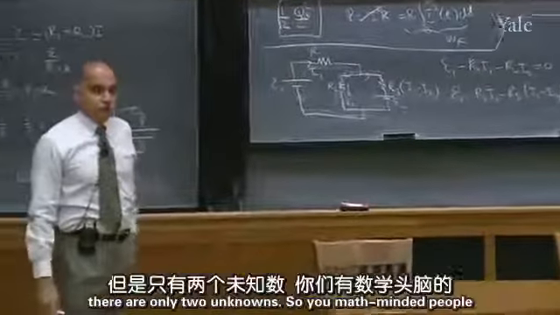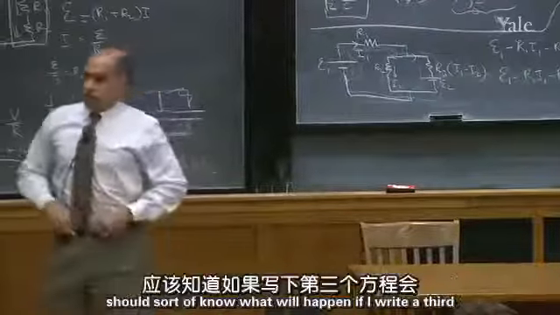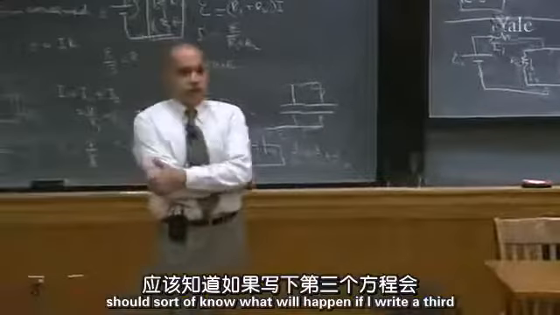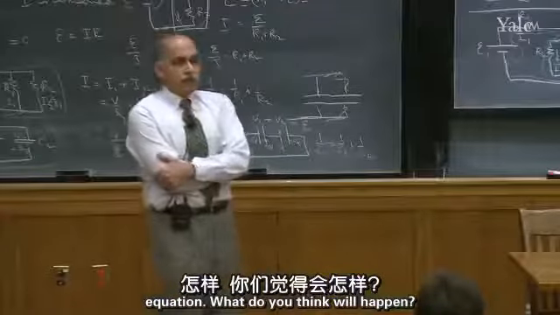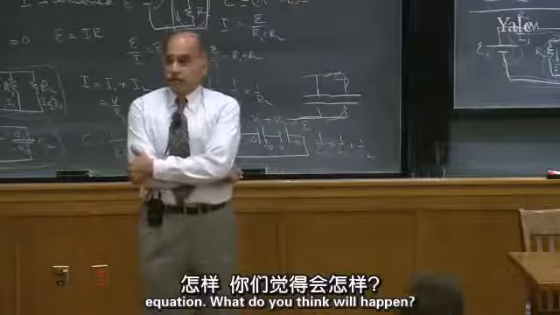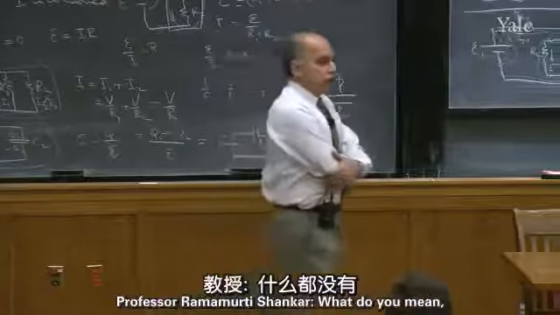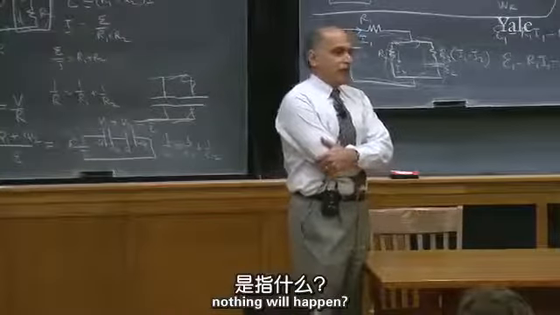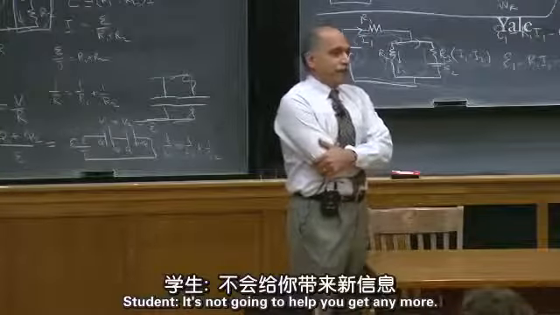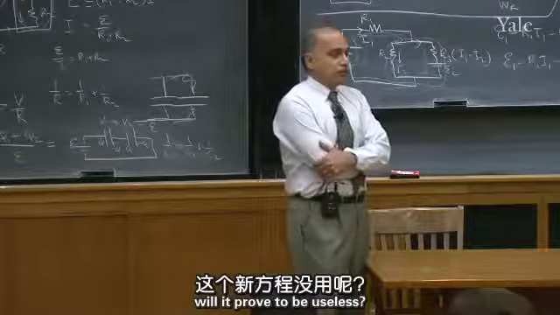There are only two unknowns. So you math-minded people should sort of know what will happen if I write a third equation. What do you think will happen? Nothing. By nothing, what do you mean? Nothing will happen? It's not going to help you get any more. In what manner will it prove to be useless?